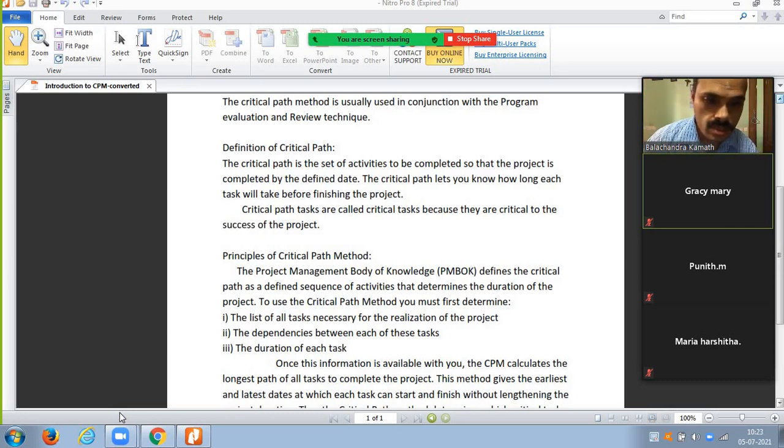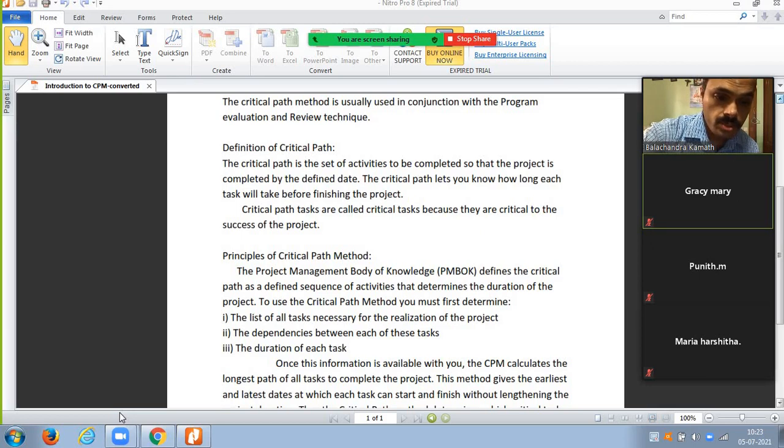Okay, these are the tasks. The dependencies would be that depending on success or failure of the talks, they will decide whether to start the metro project there or not, because if the land itself is not acquired, the metro project cannot start. Then the duration of each task. All these tasks are interdependent.